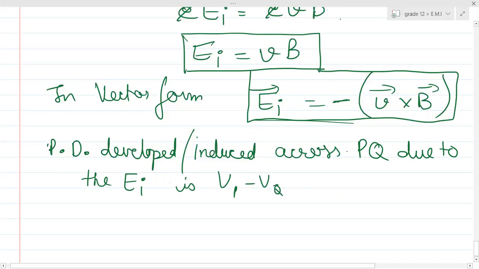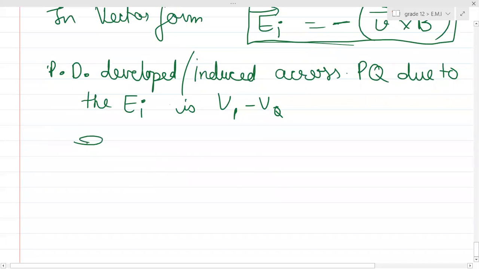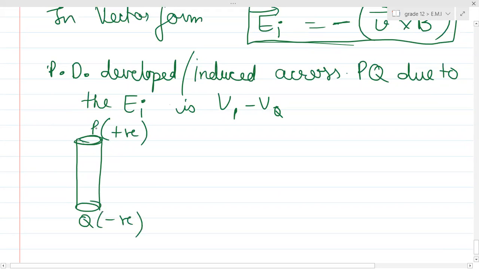Can you see over here, guys? I'll draw the diagram again. This end was P, this end was Q, and we know P is slightly positive and Q is slightly negative. So can you see this is at higher potential? Yes or no? And this will be at low potential.